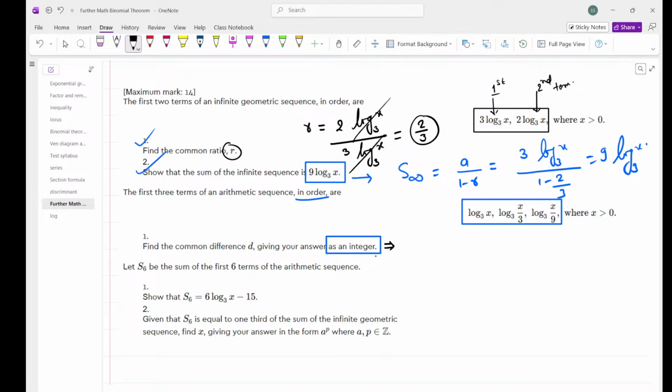The common difference is 1/3, right? So 3 log 3x squared plus 5 times 1/3 is 5/3.